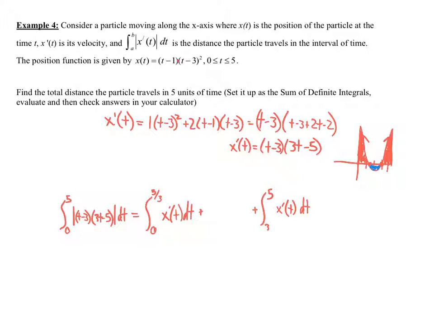Okay? Is forcing this part to be positive. So, by subtracting the integral from 5/3 to 3, that's going to make it so that I have a total distance. Okay?